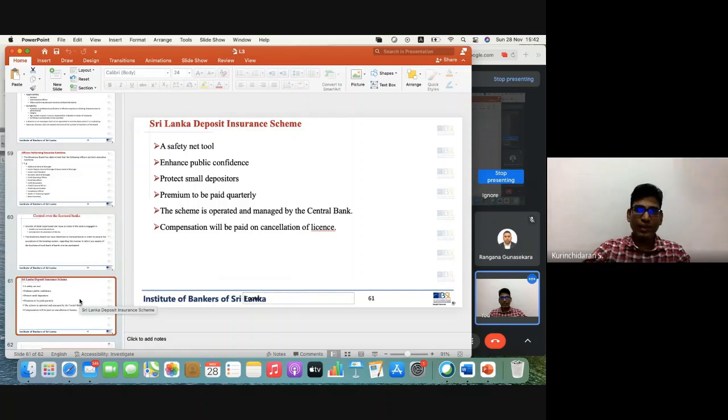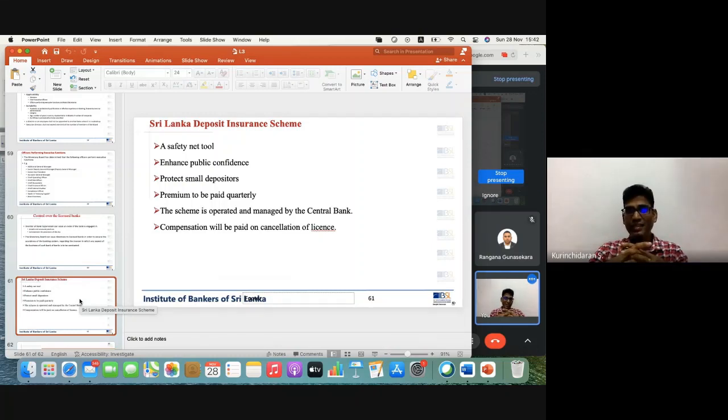Finally, under regulations, we also should know about the Sri Lanka Deposit Insurance Scheme. It's a safety net tool in the sense that depositors, small deposit holders, if a bank has collapsed or gone bankrupt, can get their deposits back from the fund, that is the Sri Lanka Deposit Insurance Scheme, up to a maximum of 1.1 million, so 11 lakhs.